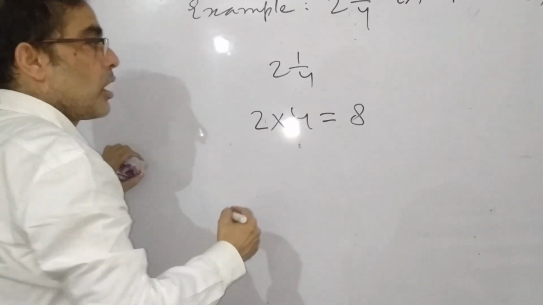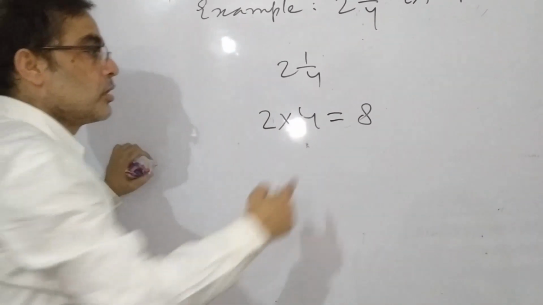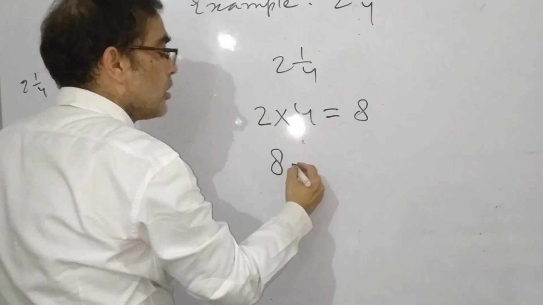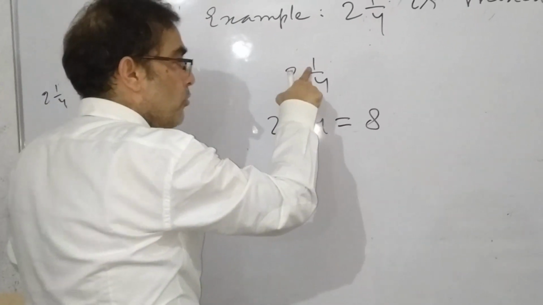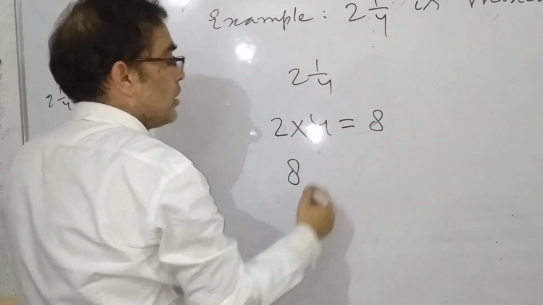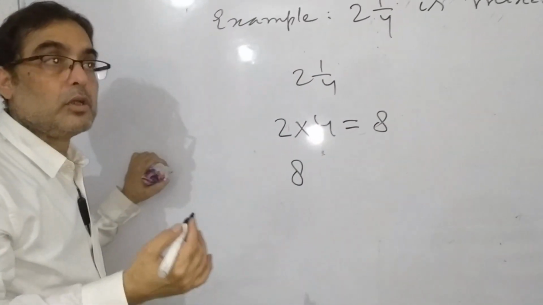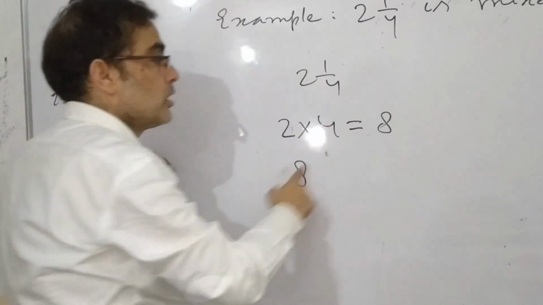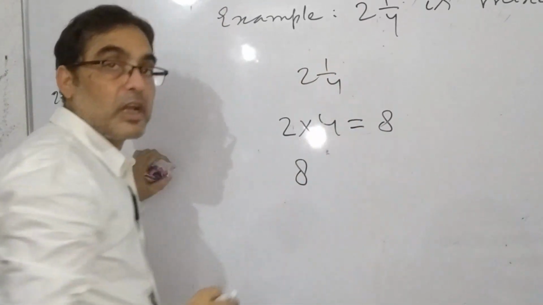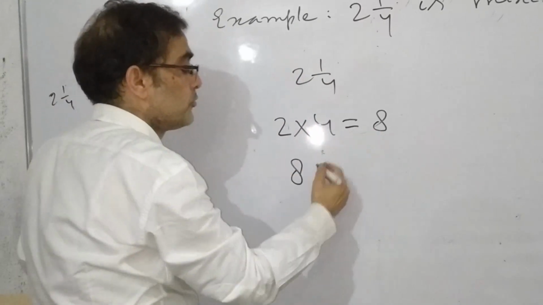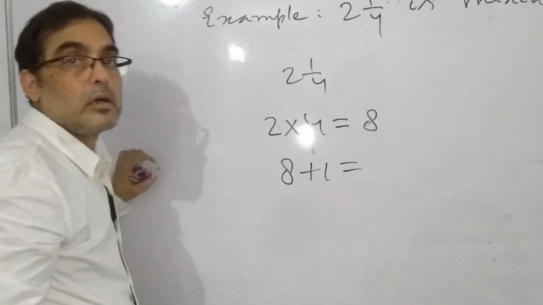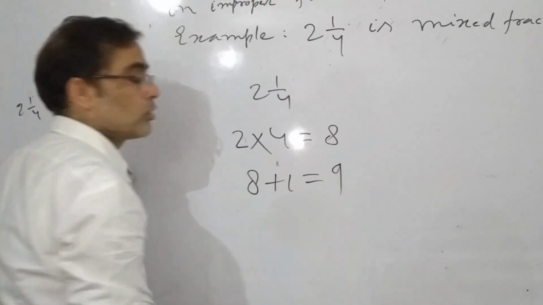And then I shall add the numerator to 8. What is the numerator here? Here the numerator is 1. 1 will be added to 8. Then there will be 9.